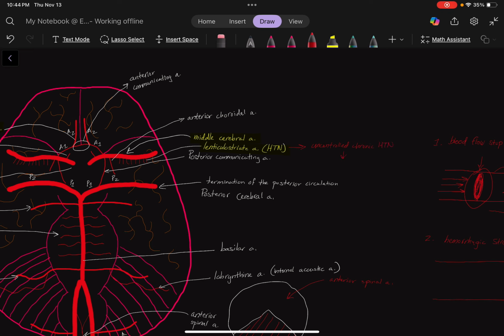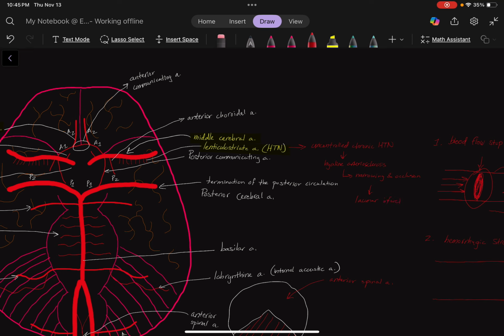which leads to hyaline arteriosclerosis, which leads to narrowing and occlusion. And this eventually leads to something called a lacunar infarct. And a lacunar infarct is basically just a stroke caused by a blockage of a small blood vessel, okay?